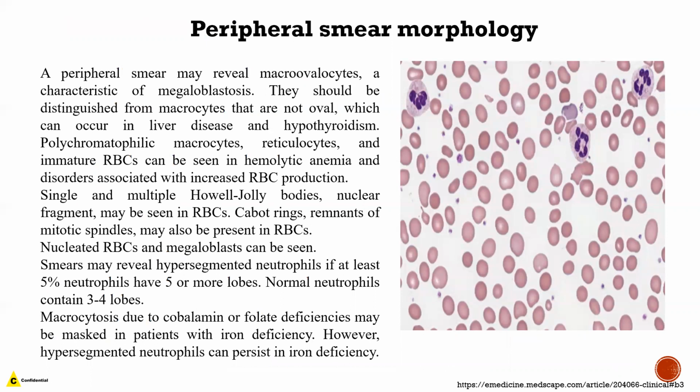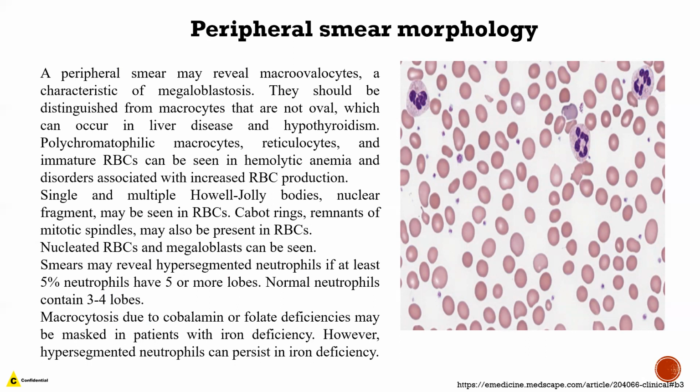Peripheral smear may reveal macro-ovalocytes, characteristic of megaloblastosis. They should be distinguished from macrocytes that are not oval, which can occur in liver disease and hypothyroidism. Polychromatophilic macrocytes, reticulocytes, and immature red blood cells can be seen in hemolytic anemia and disorders associated with increased RBC production.